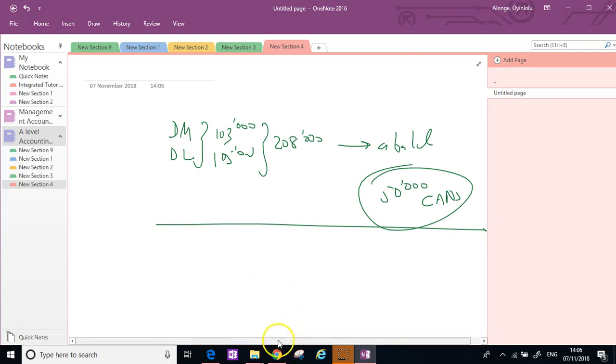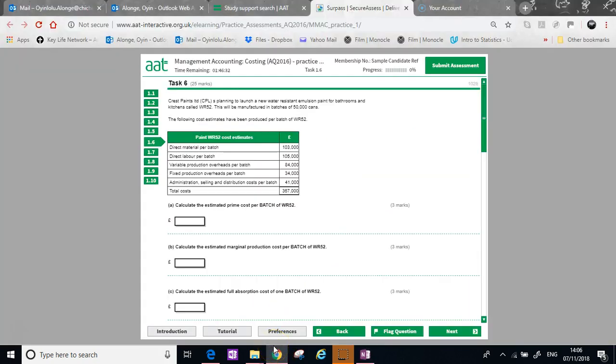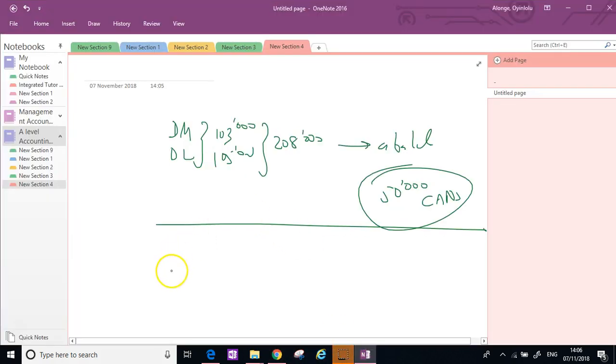Then the question goes on to ask, what about marginal cost? Let me break that down very quickly. Marginal costing is the same thing as variable costing. We're asking, what is the cost of making an extra unit of that product?